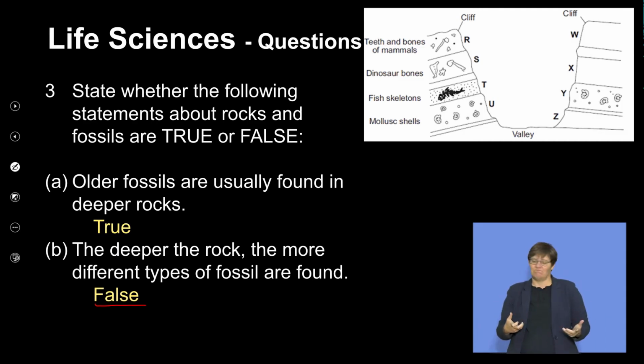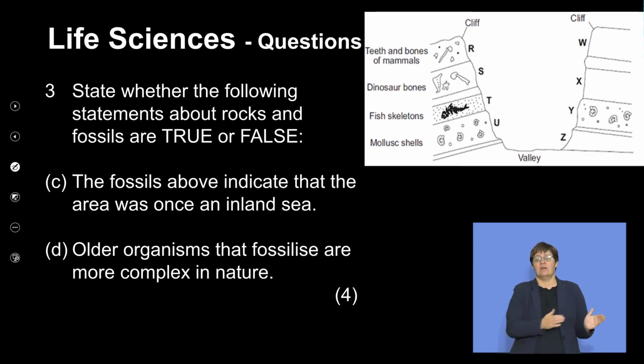That is obviously false. Next one, the fossils above, which is in the picture, indicate that the area was once an inland sea. Fish skeletons, mollusk shells. So that gives us a good idea that it was an inland sea because those are aquatic organisms.